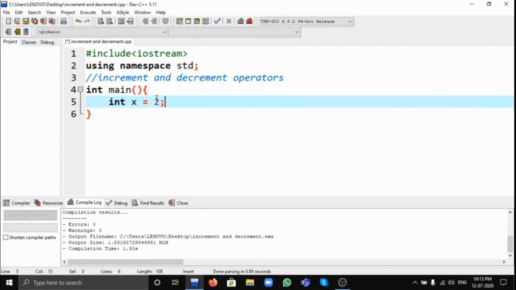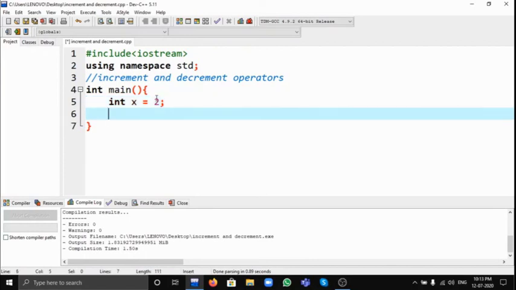So the operator that we use to increment, like for example, for addition we use the operator plus. In the same way, in order to increment the value of something, we use double plus. So since we want to increment the value of x, we can write x++. But increase the value by how much? Plus plus means it increases the value by 1.